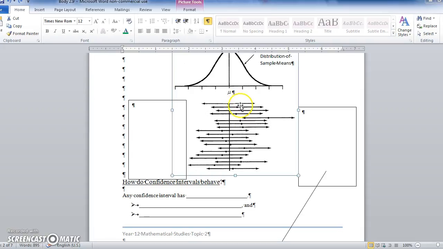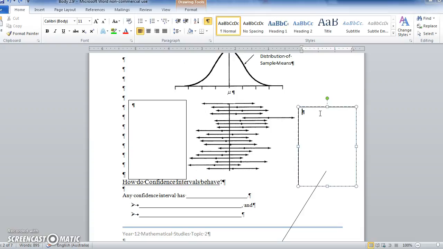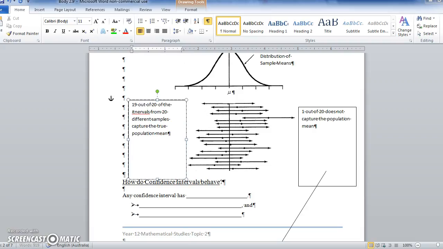So we have 20 samples and one does not capture our mean. 1 out of 20, which is 5%, does not capture the population mean, while 19 out of 20 of the intervals from 20 different samples capture the true population mean.